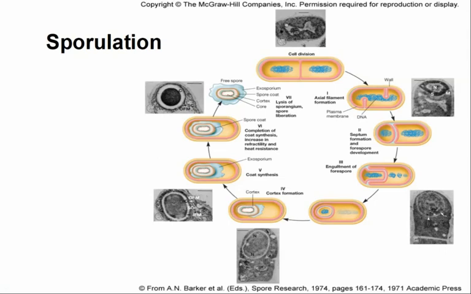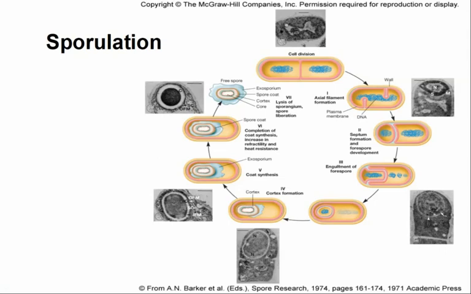That's not the only stimulus for sporulation. It can be some other physiologically relevant signal for that bacterial life cycle. So for example, Bacillus anthracis, the anthrax bacillus, will sporulate when it's in contact with high concentrations of oxygen.